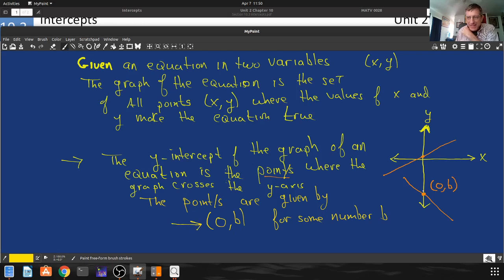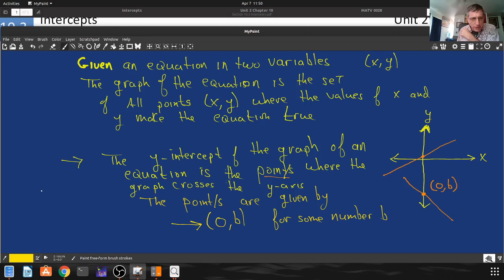So visually, it's easy to see where a line or the graph of an equation crosses the y-axis. That's easy. Just find the y-axis and see where it crosses. And it could cross more than once. But this is the harder part, seeing it mathematically.